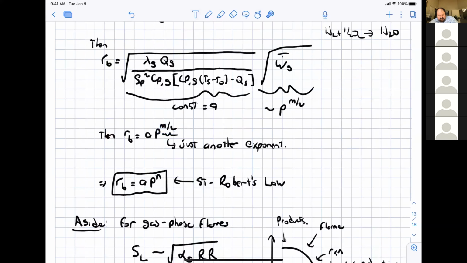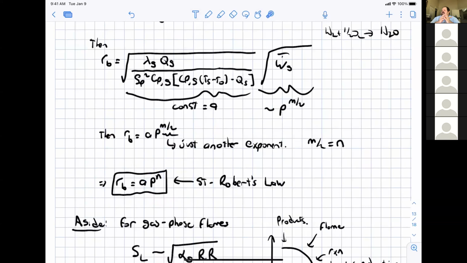Okay, so M over 2 is just another exponent, and I'm going to call that N. So then we have done all that work, and we've shown that the burning rate is equal to a coefficient times pressure raised to some exponent, and this is basically Saint Robert's law that he determined empirically.